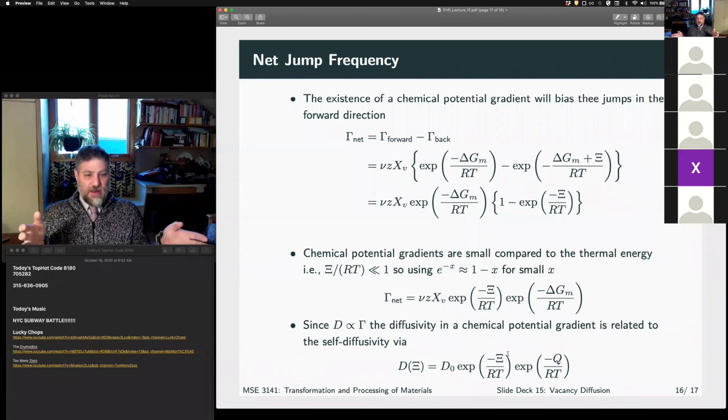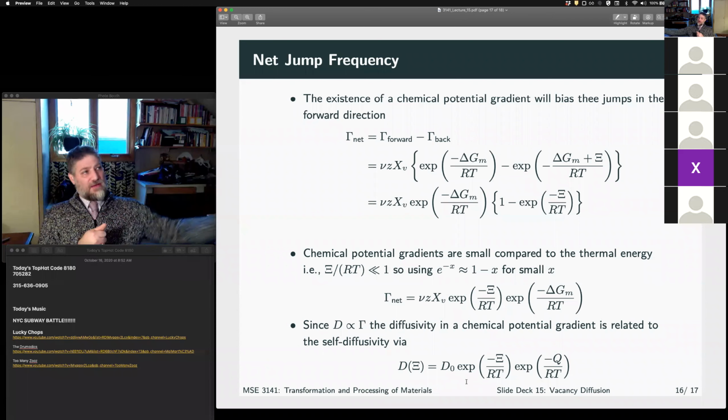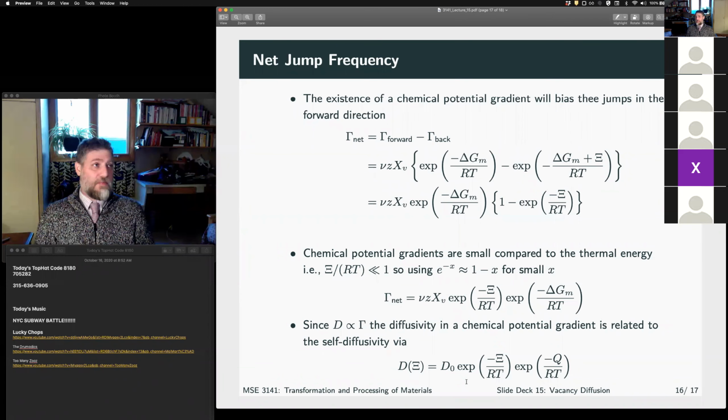What this term does is explain the driving force for a net flux, transport, chemical segregation in a system.